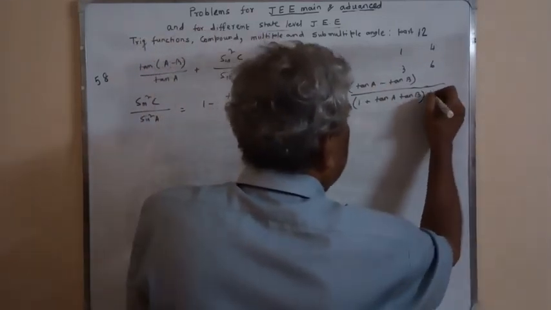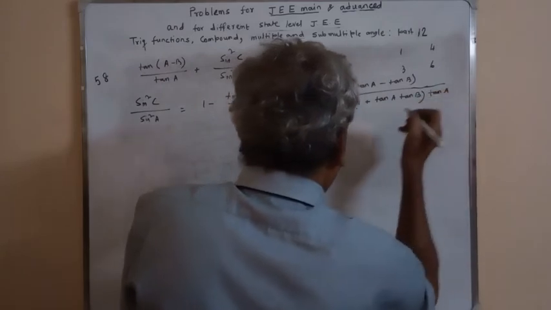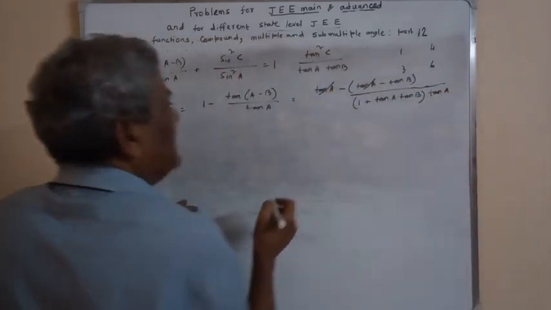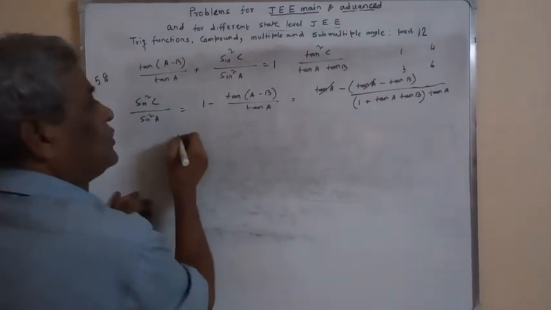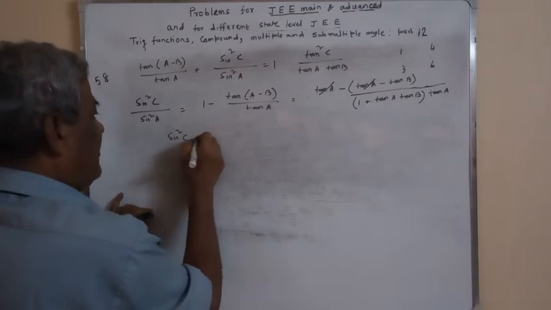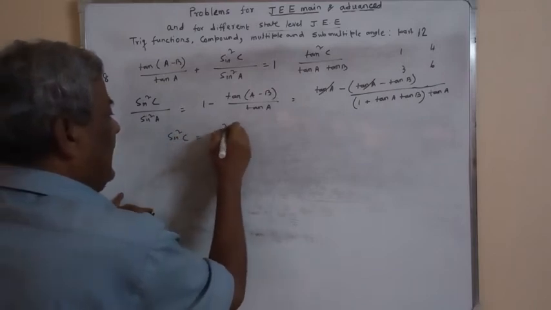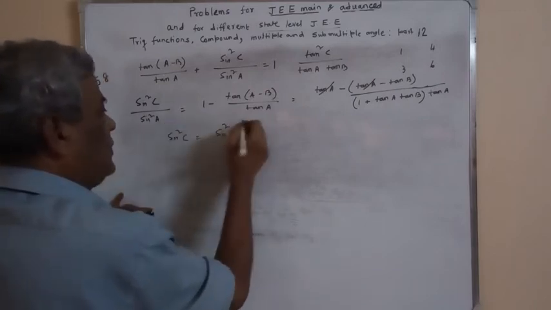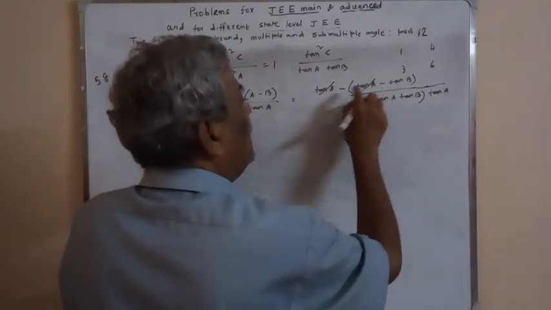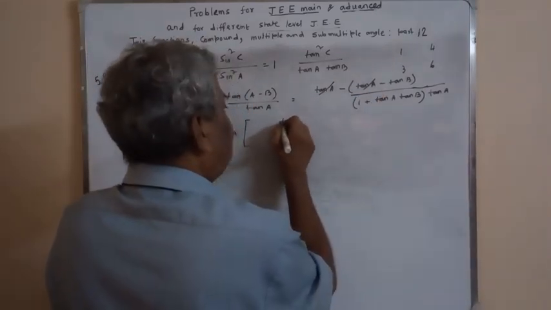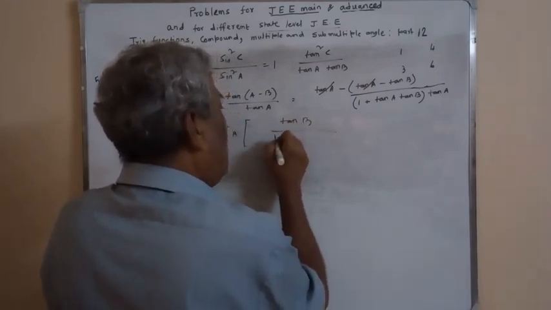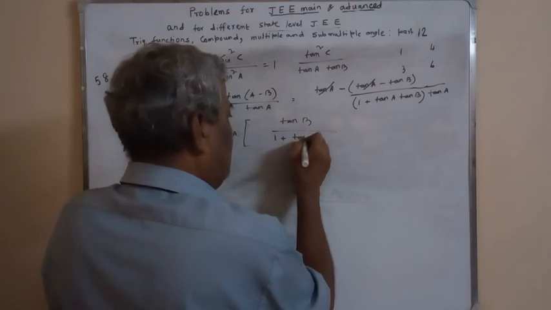So tan A is there, so that this tan A, that tan A cancels. So sine square C, sine square A, this into this one, it is equal to tan B by 1 plus tan A tan B.